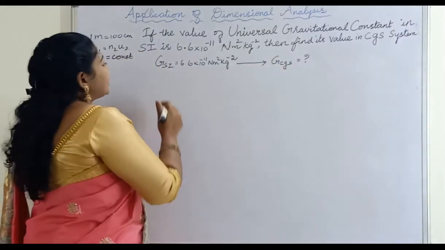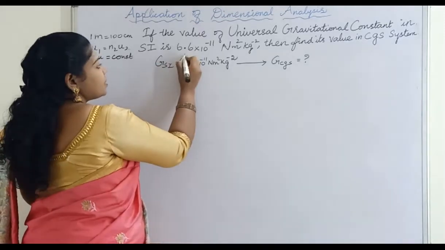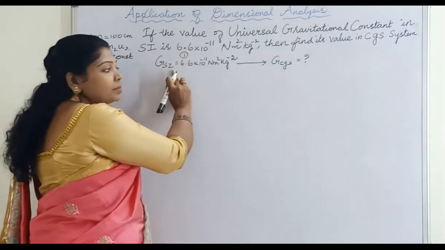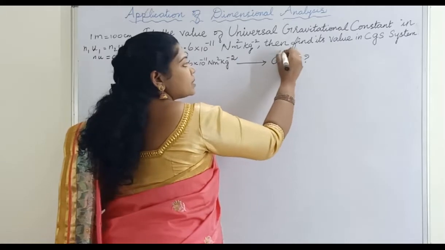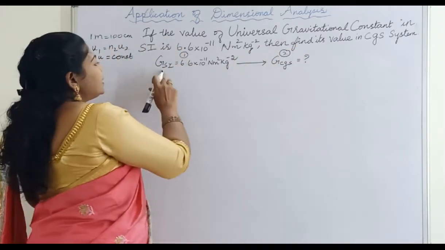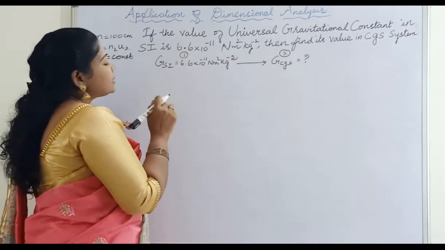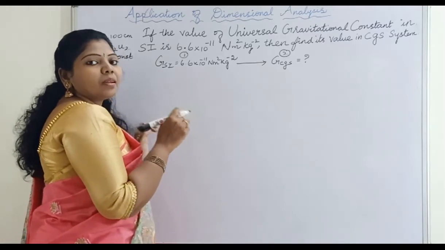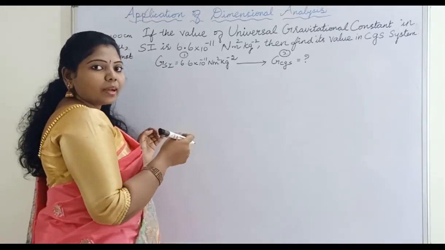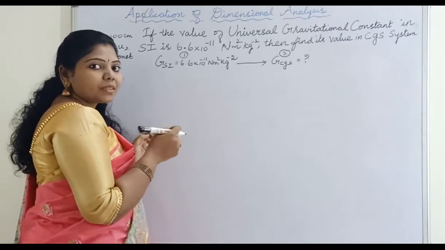Consider the first system as the SI system, and the second system as the CGS system. In the SI system, length is measured in meter, mass in kilogram, and time in second.